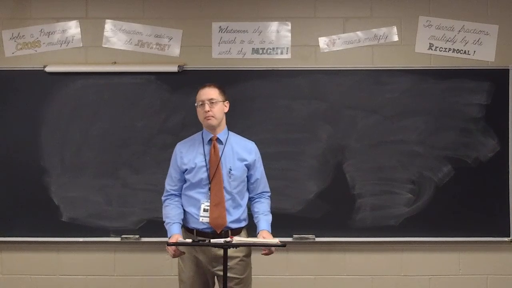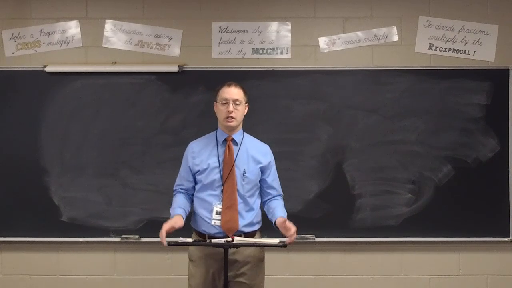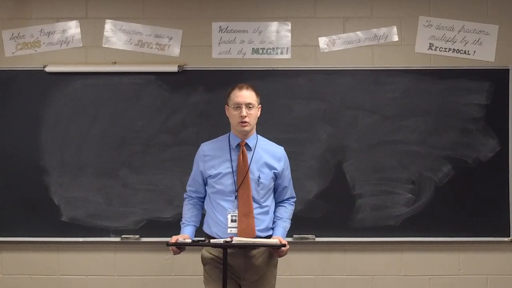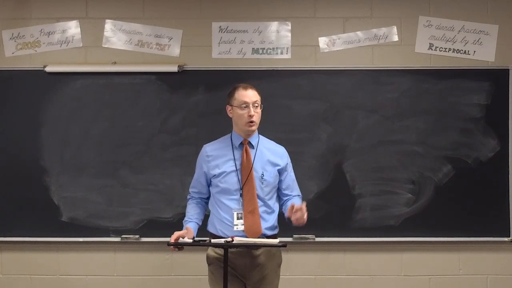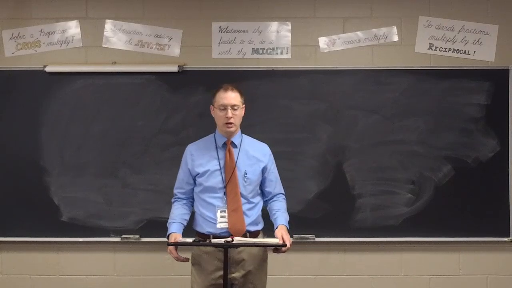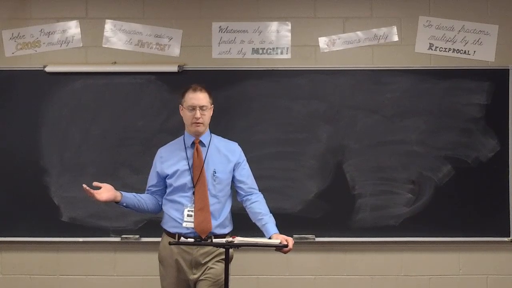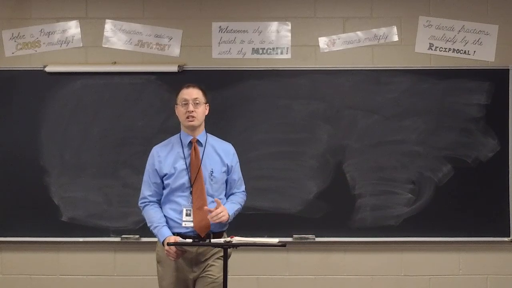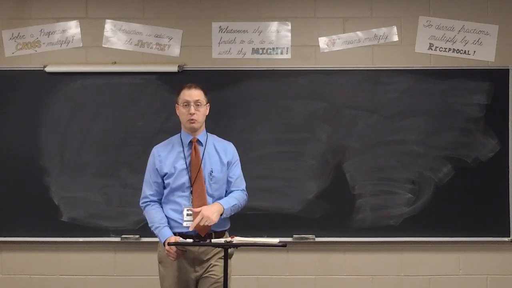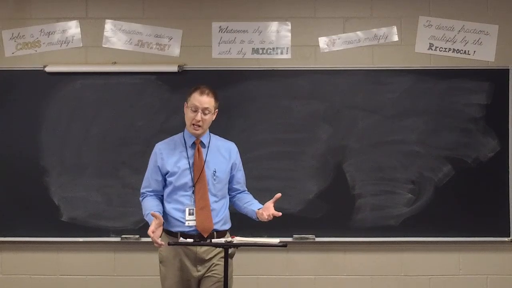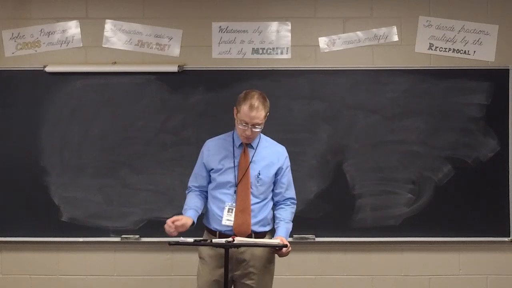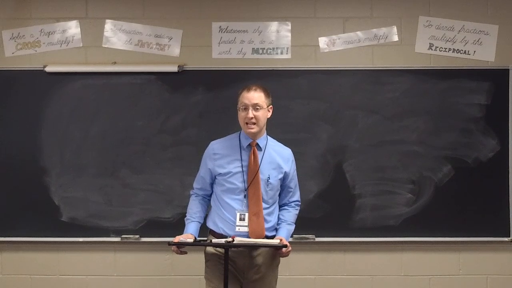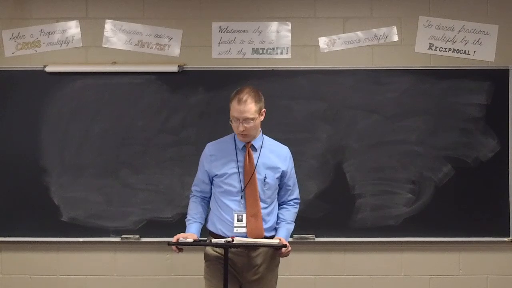A region within a circle bounded by a chord and an arc is called a segment of a circle. Obviously, if the arc is a major arc, we have a major segment. If we have a minor arc, we have a minor segment. If we have a semicircular arc, we also have a semicircle segment. And of course, we already said that an angle inscribed in a semicircle is a right angle.